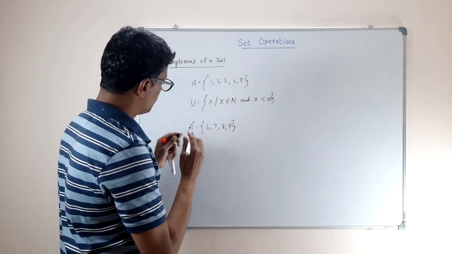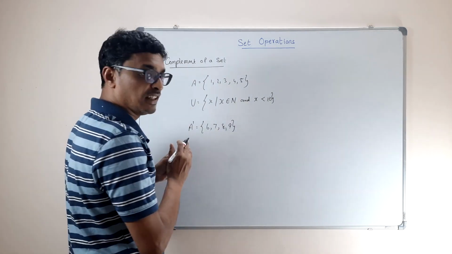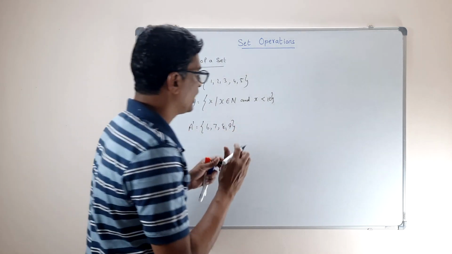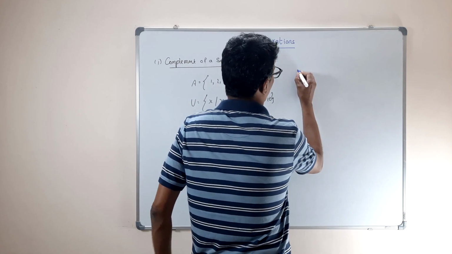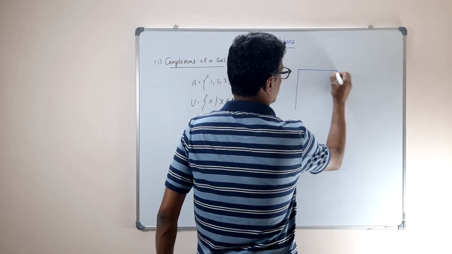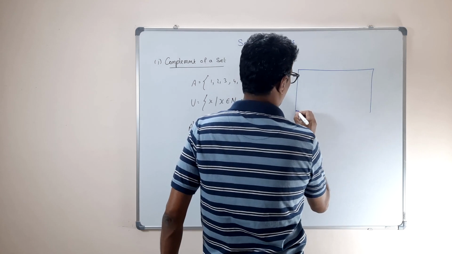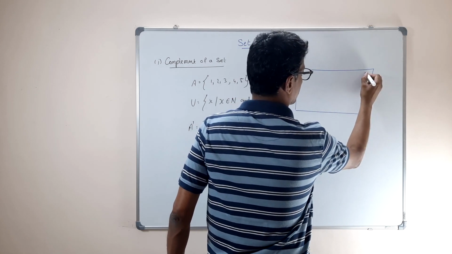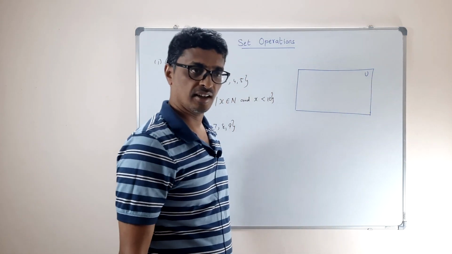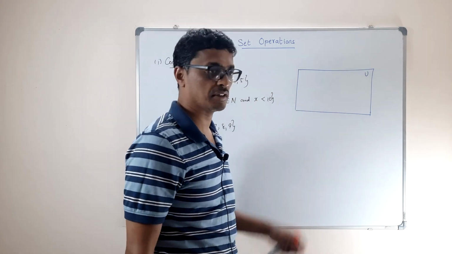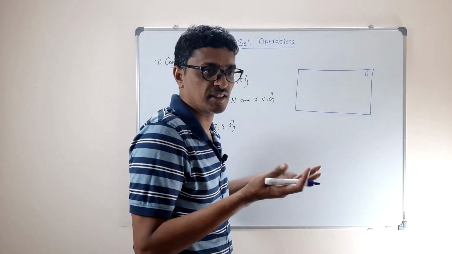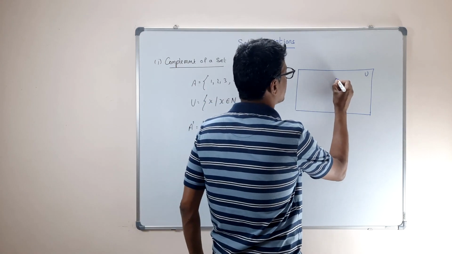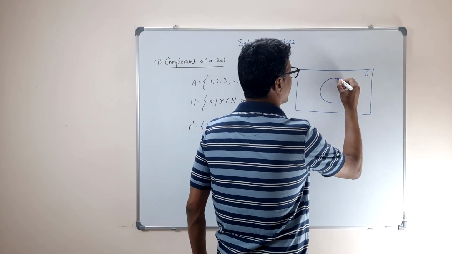Now, how do you represent this in a Venn diagram? First, you construct the universal set. This is the universal set. Now A is a set in the universal set, so obviously it is a subset. Let me represent A as a circle.